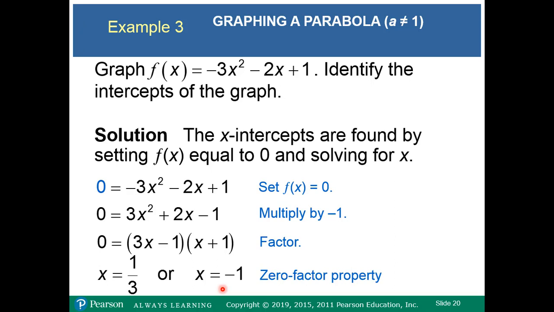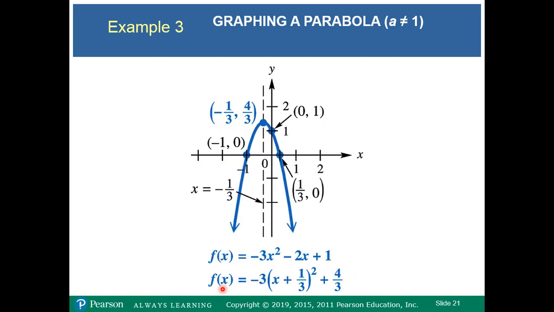Using the zero factor property, or the zero product principle, the x-intercepts are at (1/3, 0) and (-1, 0).